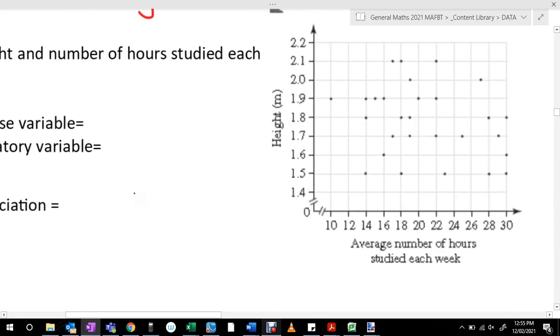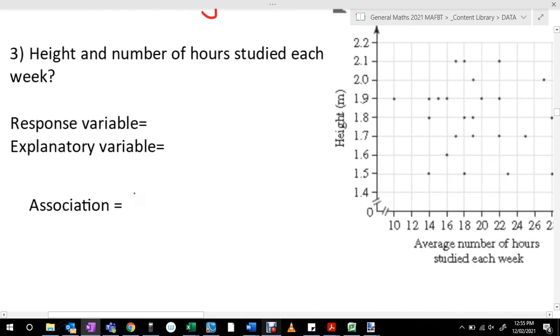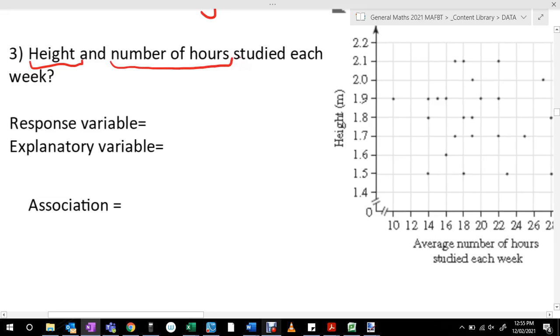Next one here. Okay, this is a good one. Height and number of hours studied. This is a tricky one. Which one is EV? Which one's RV? Trick question. Probably neither. You can't really tell. Why is that? Because is there an association? No. There's no association because it's too random.